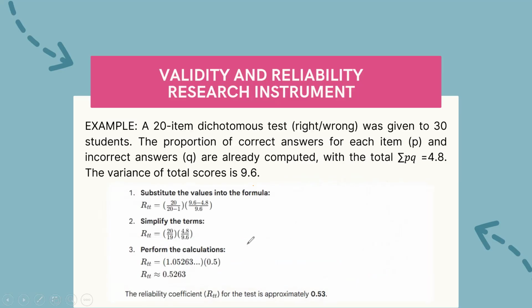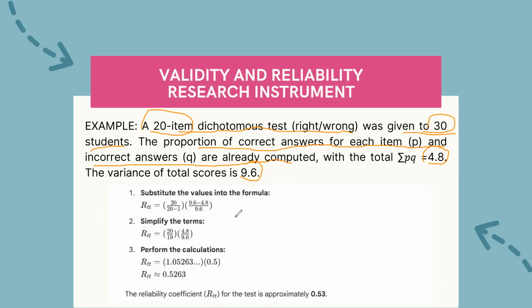So we have here a sample problem. Say for example, a 20-item dichotomous test, right or wrong, was given to 30 students. Again, 20 items given to 30 students, and the proportion of the correct answer for each item P and the incorrect answer Q are already computed. The summation of PQ is given as 4.8, and the variance of the total scores is 9.6.